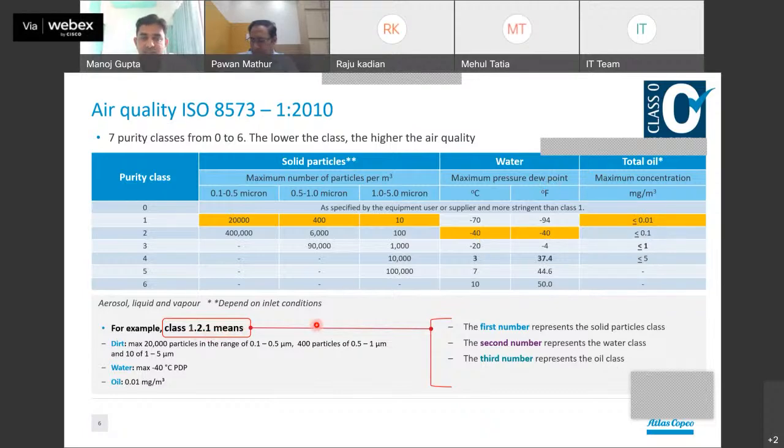And the last, class 1 means the maximum oil concentration in the outlet air should be less than 0.01 milligram per meter cube. So that is the complete classification. We say that our compressor is class 0 certified for oil content. That's why we are offering the non-lubricated class 0 certified compressor, which is the most reliable we can offer.